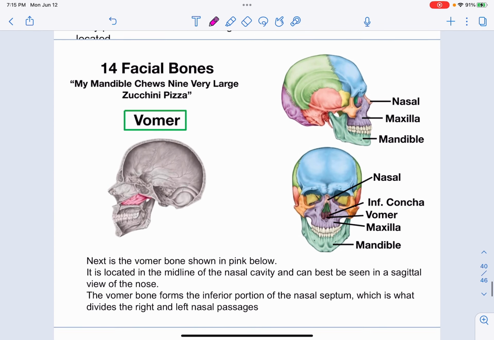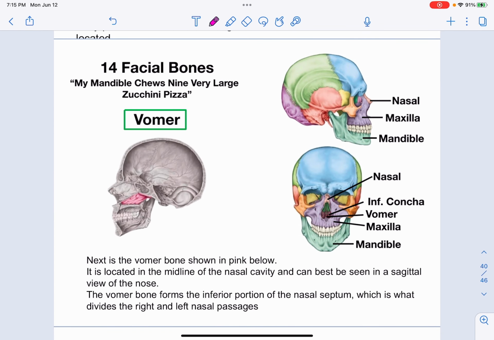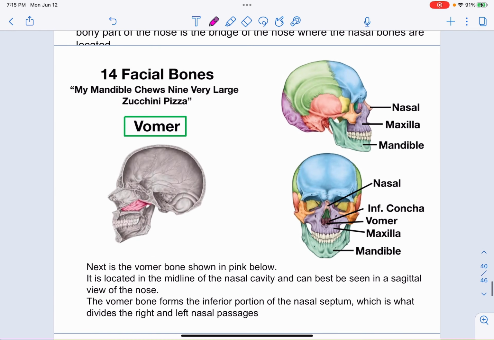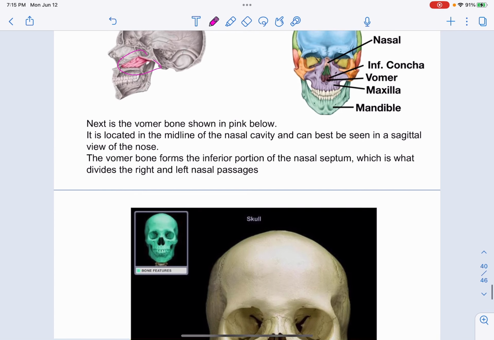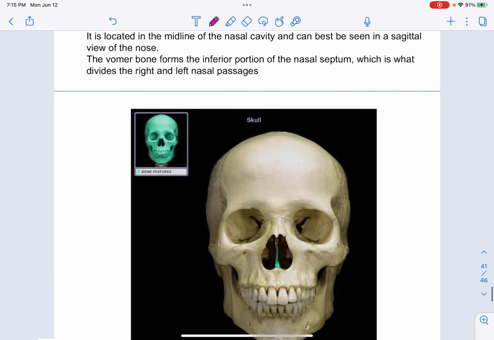All right, the vomer. I think I have a better picture of the vomer. So here it is in pink. It is going to form the other part of the nasal septum. We had already talked about the perpendicular plate.